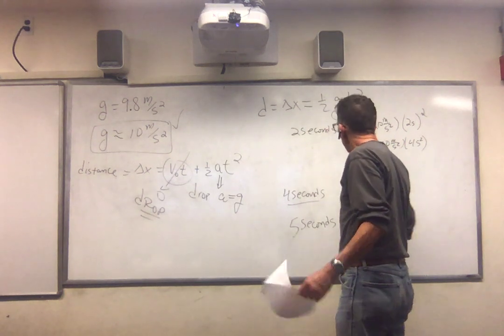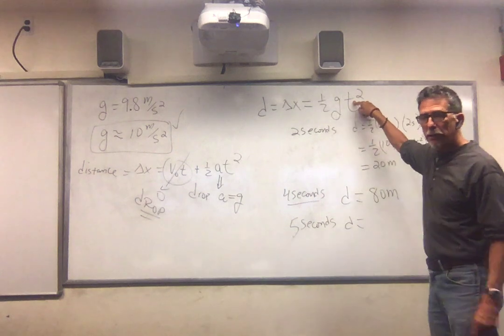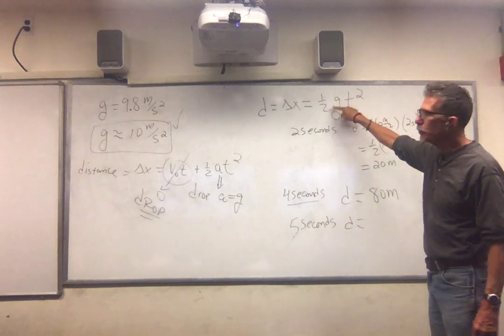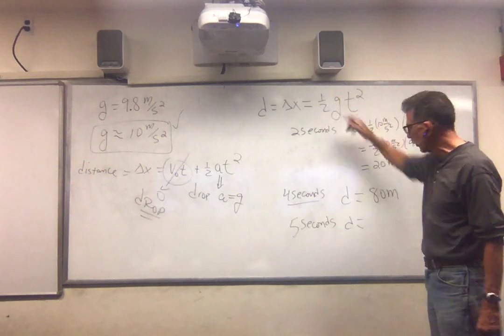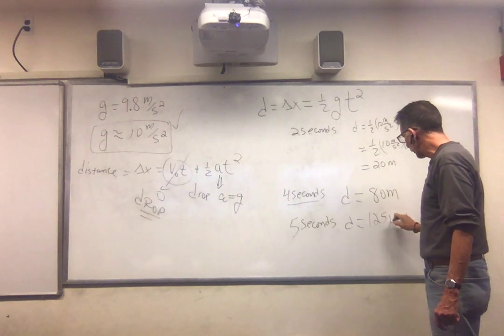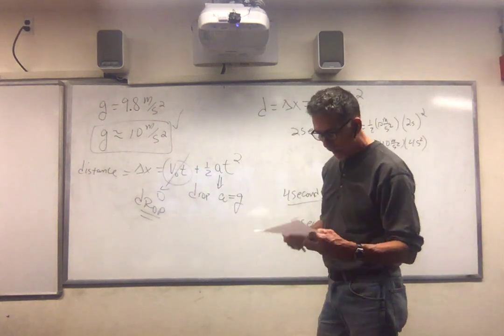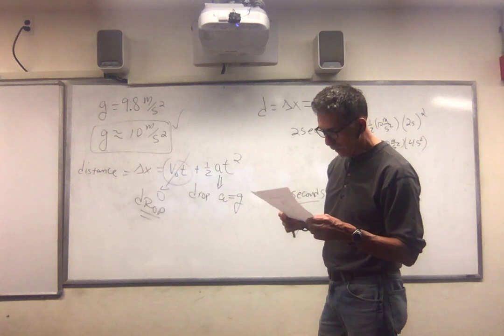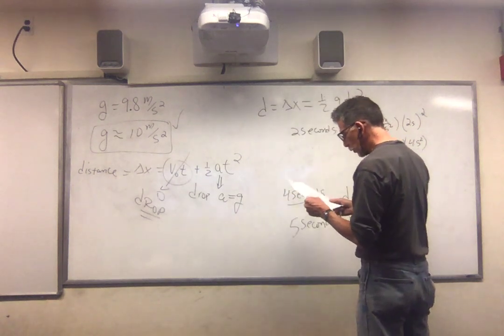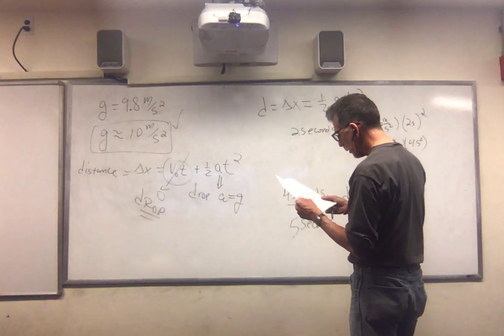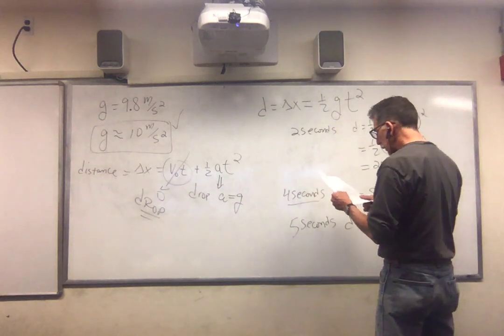Let's go. In your head, let's go. 5 seconds. 5 squared is 25 times 10, 250. Divided by 2, 125 meters. Oh, isn't this hard? Next one. What do we have? Oh, I did 4 seconds, 5 seconds, 6 seconds.